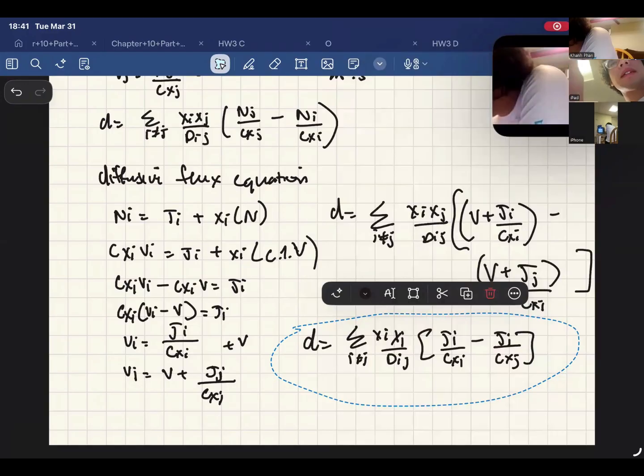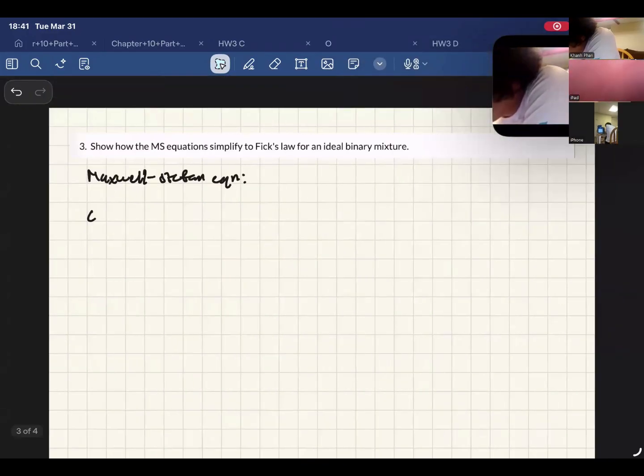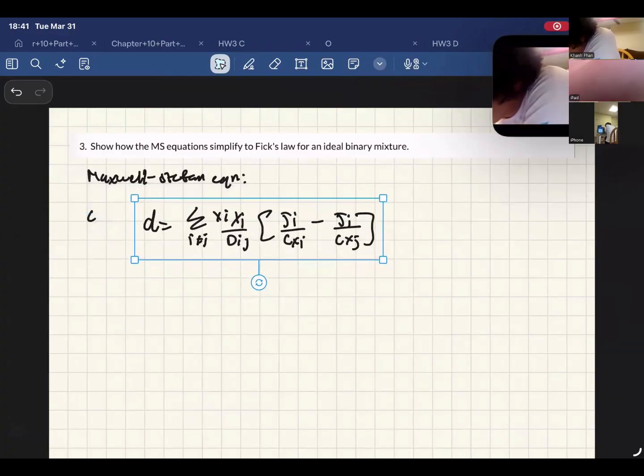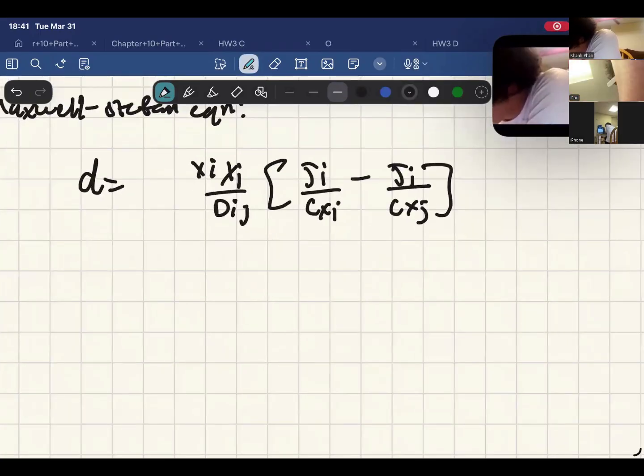Let's copy this, and then we can just get rid of this and move stuff over. So we move the concentration out and move it to the other side.